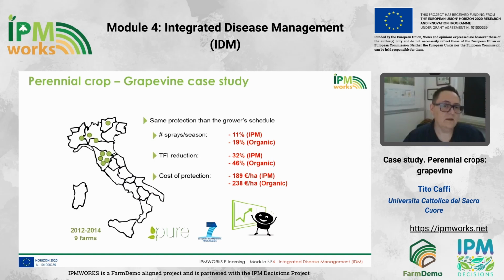We were testing in both IPM and organic, and again, you can see a reduction in the applications, ranging from 11 to 20% fewer sprays, with a similar reduction in TFI, the treatment frequency index, the whole amount of plant protection product used.